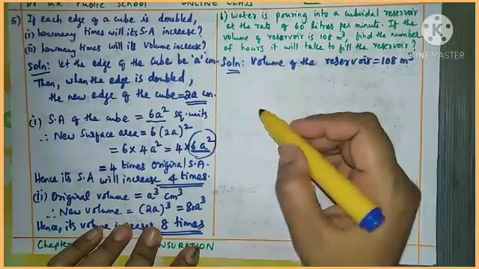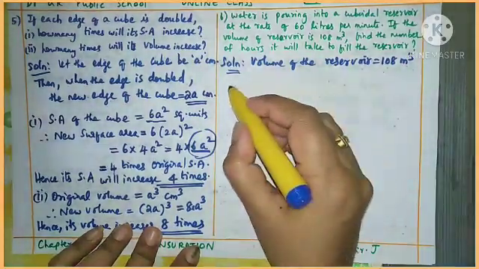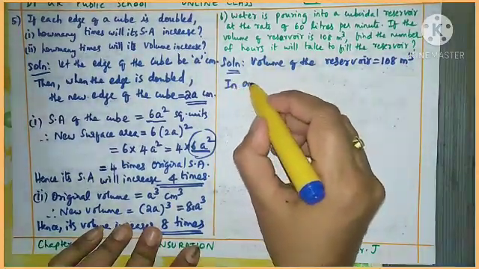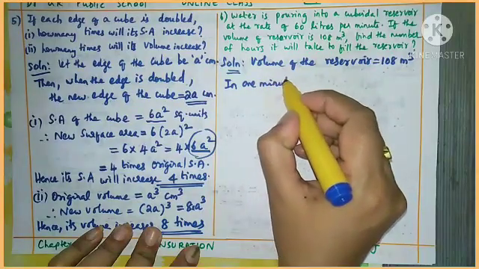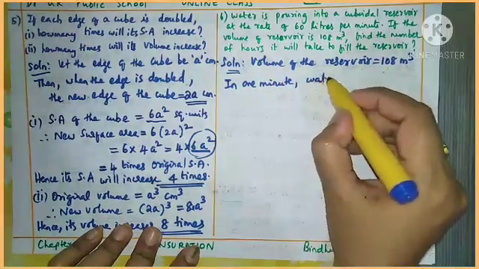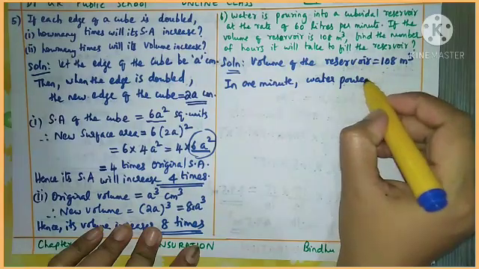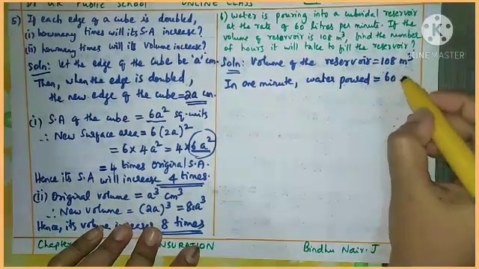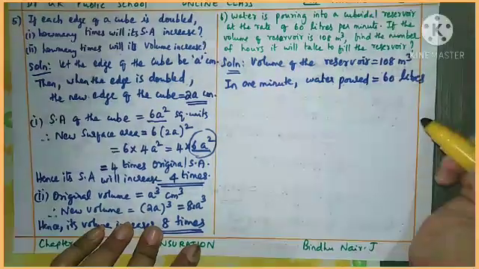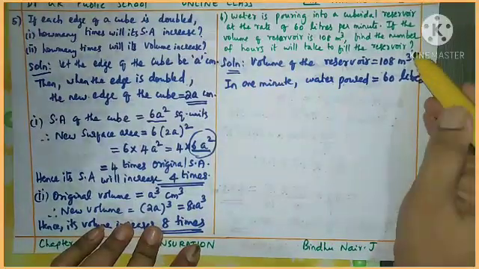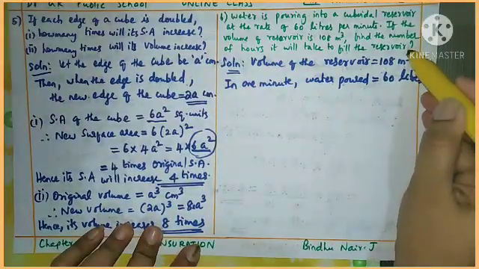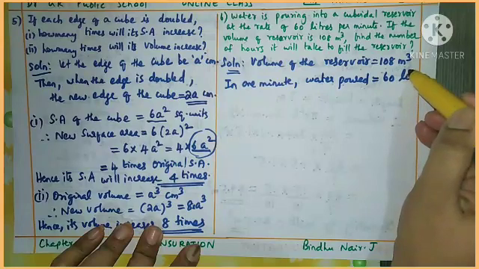And what is given? In 1 minute, water poured in the reservoir is how many liters? 60 liters.